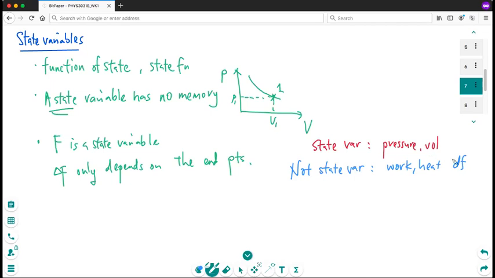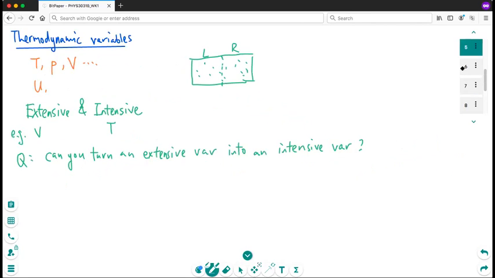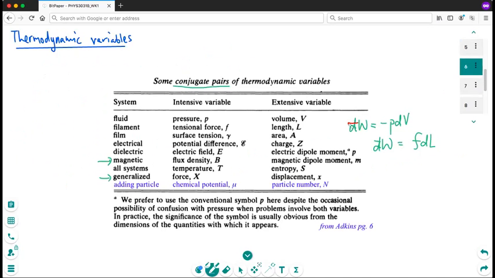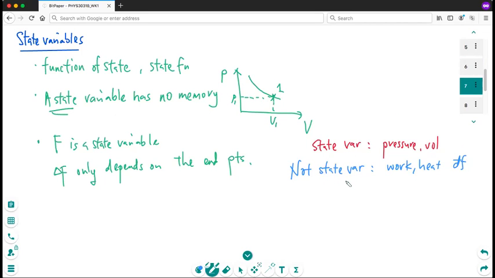So that's why we put a bar here, and that explains why a few slides ago I put a bar here. Because work is not a state variable, I better differentiate the differential of a state variable from that of a non-state variable.